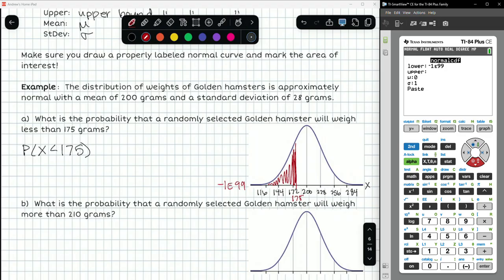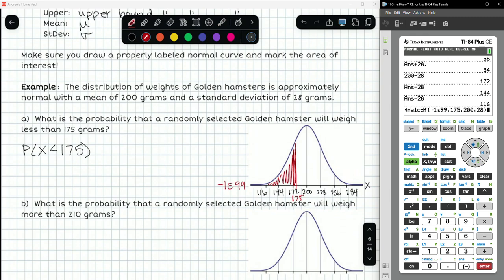We're going to fill in the rest of our information. So our upper area boundary is 175, our mean is 200, and our standard deviation is 28. We're going to go paste, and it's going to type that, and I'm going to type that as showing my work. So normal CDF.